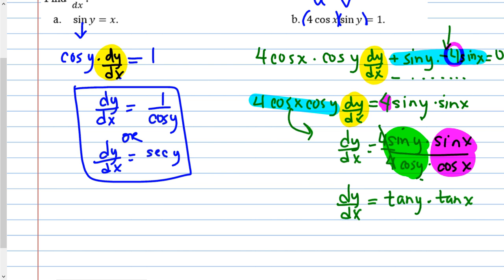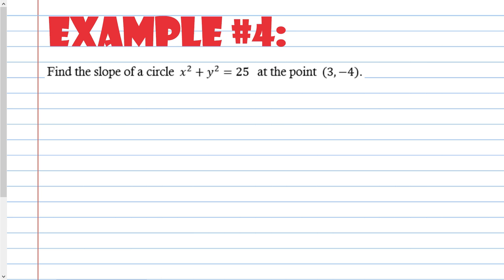Okie doke. Next. Example 4, find the slope of a circle, x squared plus y squared equals 25, at the point 3, negative 4. So implicit differentiation. So 2x plus 2y dy dx equals 0. Those are constant numbers, and just numbers become 0. Gotta isolate the dy dx.